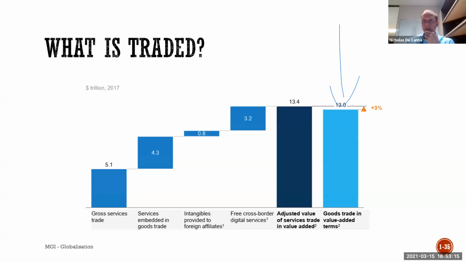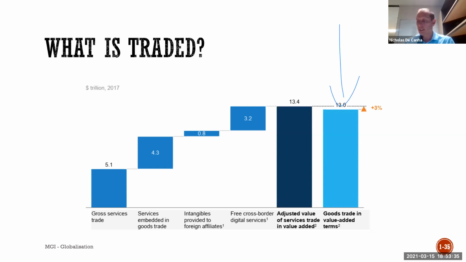This is goods trading across the world. So if you recall the map for the TEUs, that's goods. So 13 trillion roughly, in 2017 dollars. It depends on which currency you're using and so on. So don't worry that the 13 isn't the same as the 18 trillion in the previous slide.